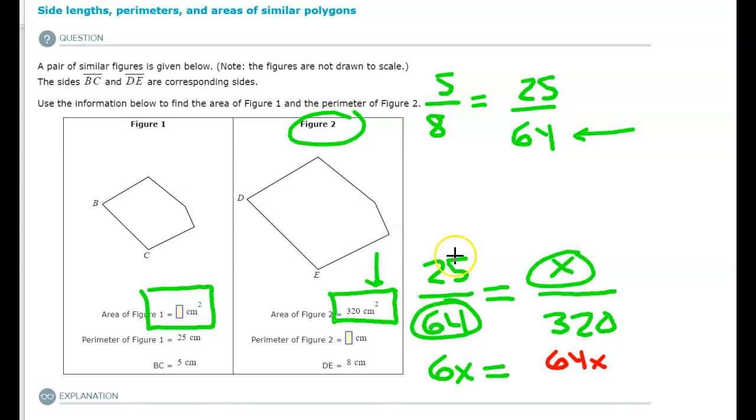Okay, and then we're going to cross multiply 25 times 320, and that's going to give me 8,000. So then I'm going to do 8,000 divided by 64, and that gives me 125. So x is equal to 125, and that's what we figured out over here.